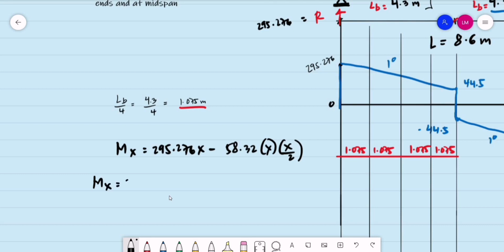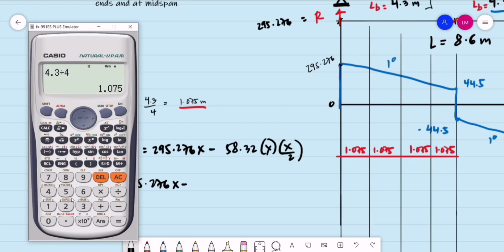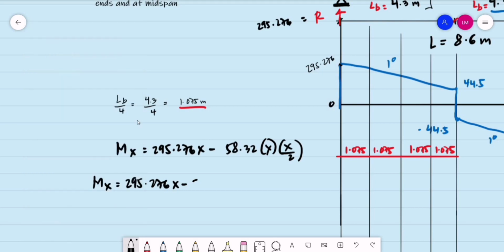M sub x is equal to 295.276 times x minus 58.32 divided by 2, which is 29.16, multiplied by x squared.